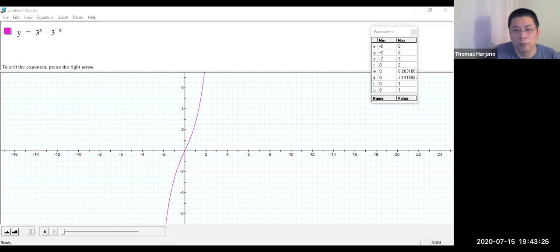Suggested homework from 4.1, 4.2 will be from number 1 to number 39. You can try up to number 39.